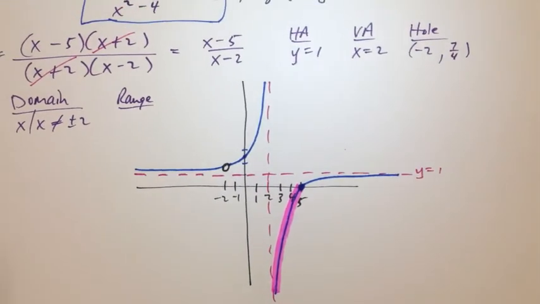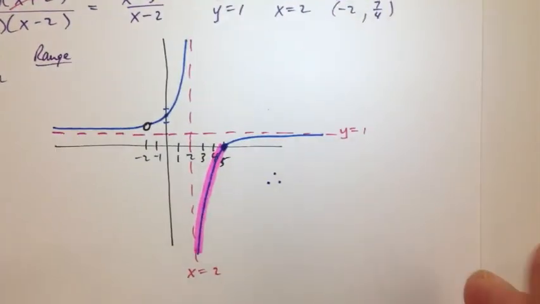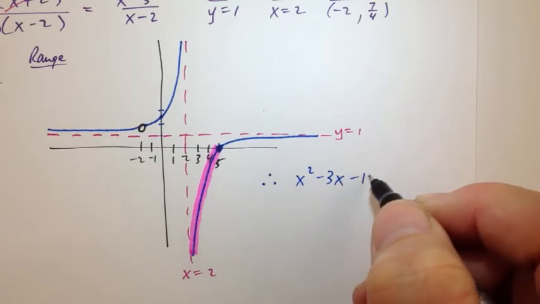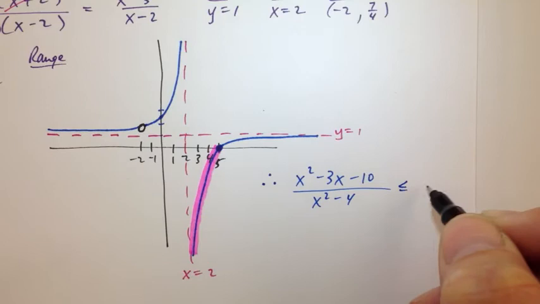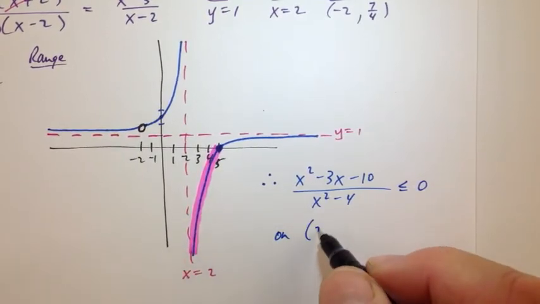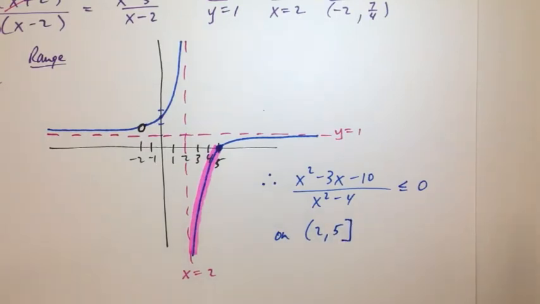So how do we write that? Therefore, the function x squared minus 3x minus 10 all over x squared minus 4 is less than or equal to 0 on the interval from 2 all the way to 5. That's it.